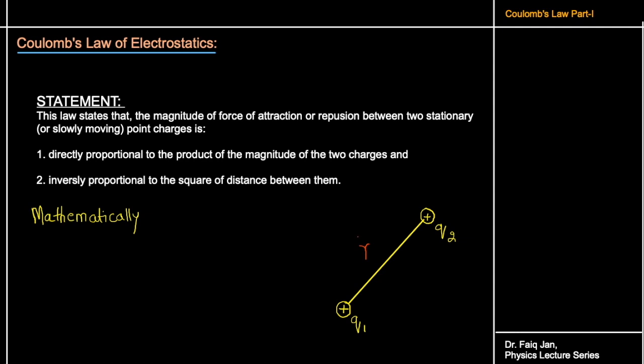Then the magnitude of force will be directly proportional to the product of the magnitude of the two charges, that is |Q1| into |Q2|. This is equation number 1. And this force is inversely proportional to the square of the distance between the two charged particles. This is equation number 2.